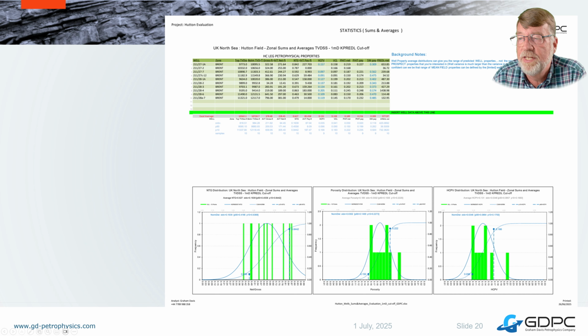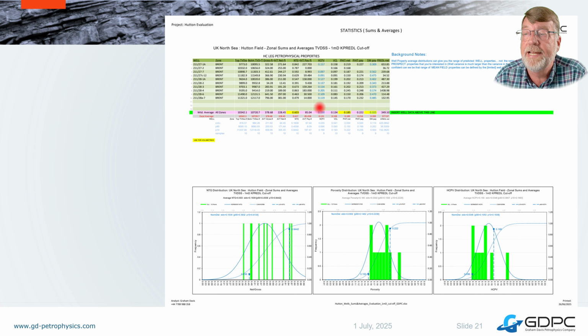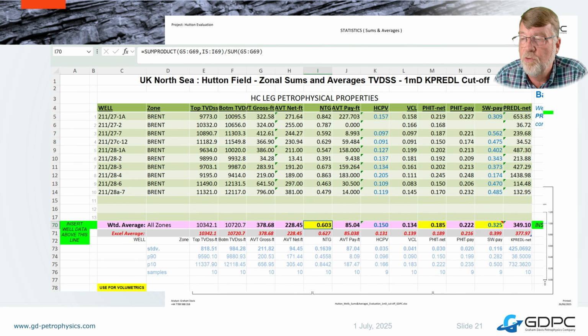Okay, so that's fine and dandy, just as basic Excel spreadsheet functions. But really, what you need to do is properly weight the averages. So that's this line here, and I'll zoom into that. Let's take the net to gross.